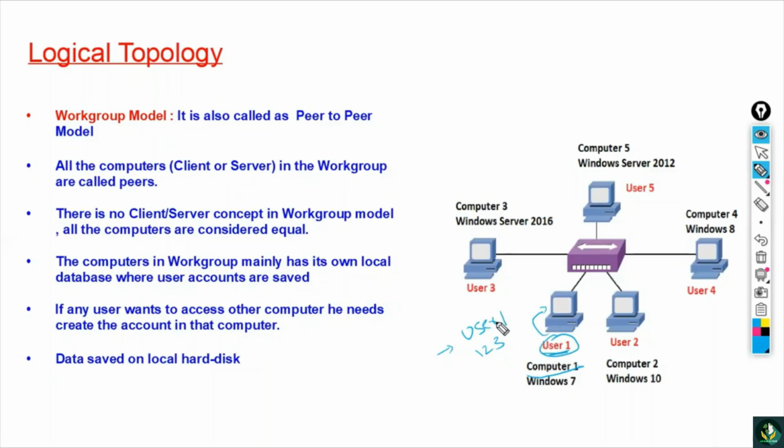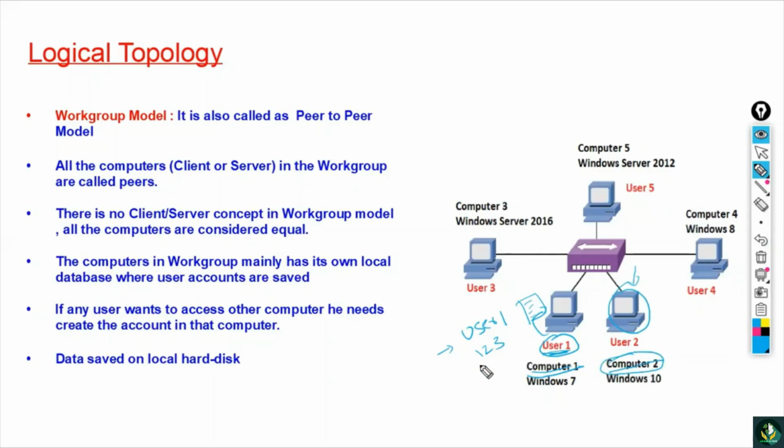So this username will be saved in the local database of this computer. On the next day, if this user 1 uses computer 2, he won't be able to log in because his username and password were created on computer 1 and stored locally. So again, you need to create the username and password for user 1 on computer 2.